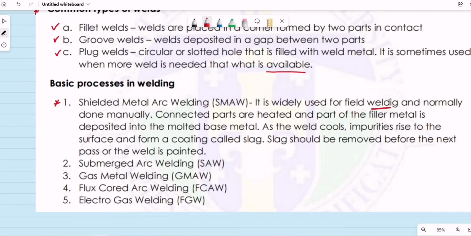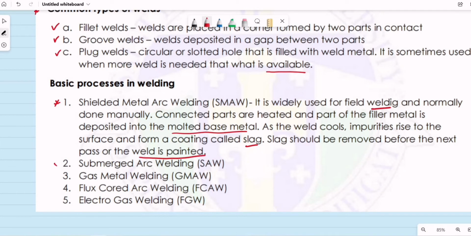Connected parts are heated and part of the filler metal is deposited into the molten base metal. As the weld cools, impurities rise to the surface and form a coating called the slag. The slag should be removed before the next pass or before the weld is painted.